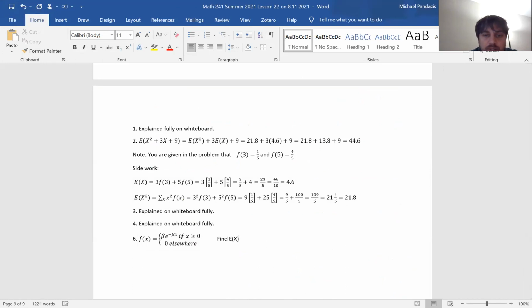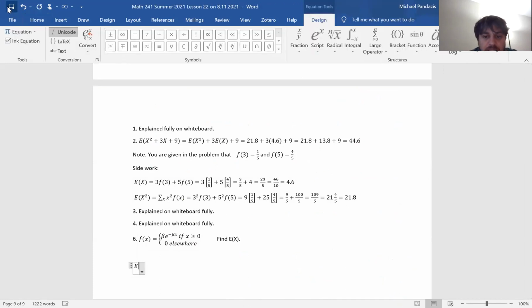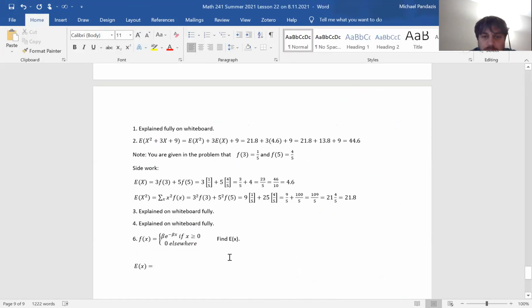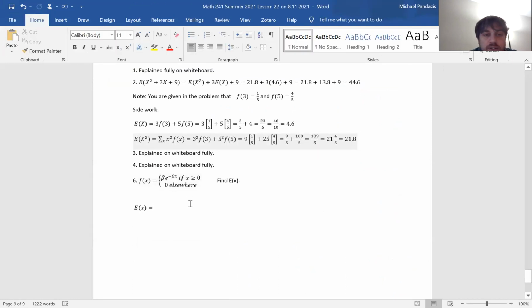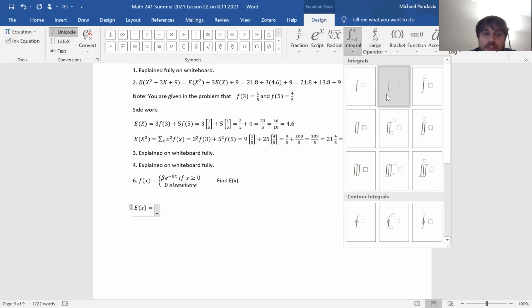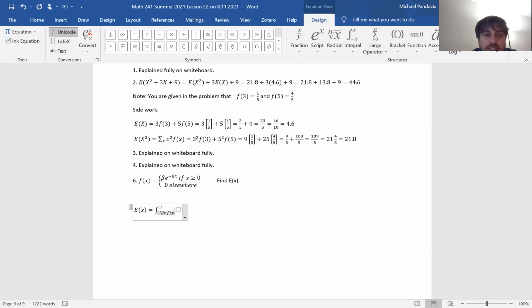Okay, so E of x is going to equal the integral from negative infinity to infinity of x f of x dx.